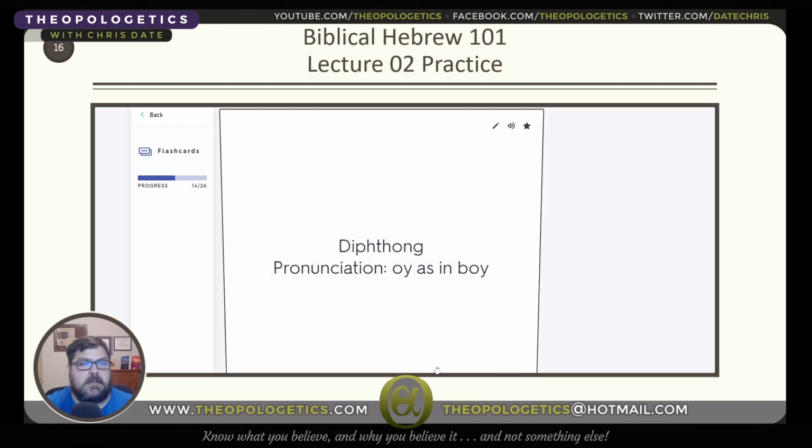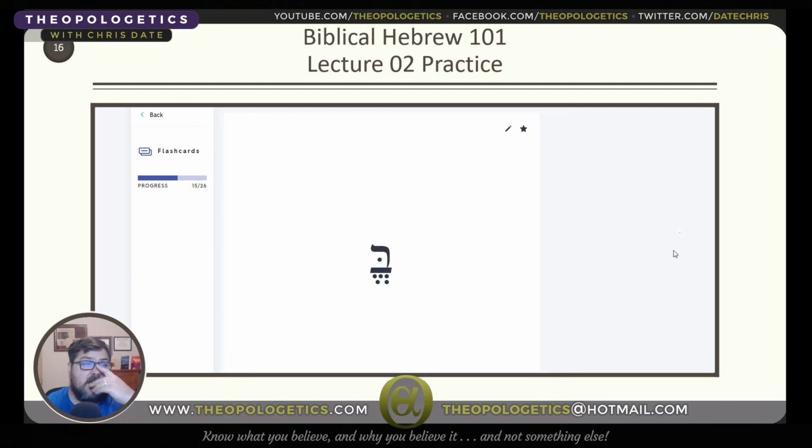Okay. Next up, this is a vowel marking that is the shape of an upside down triangle, three dots next to a vertical line of two dots. This is the E-class reduced vowel or composite shewa known as chataf segol. And the chataf segol makes the sound of A in amuse, or E in, I don't remember what example.